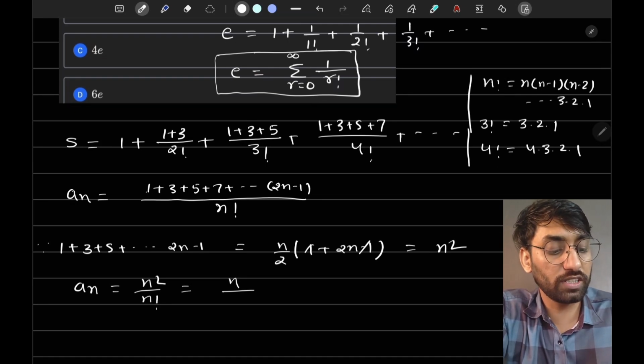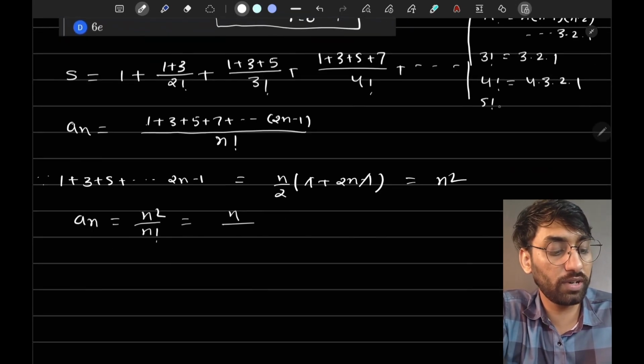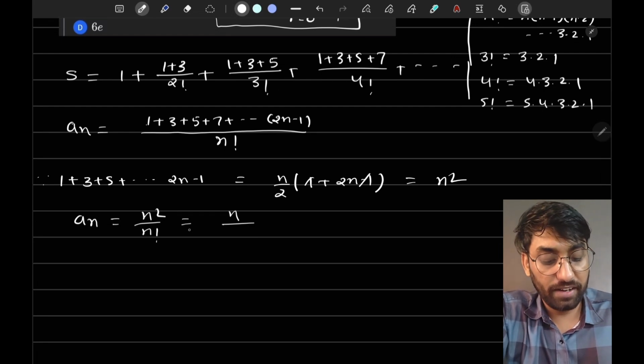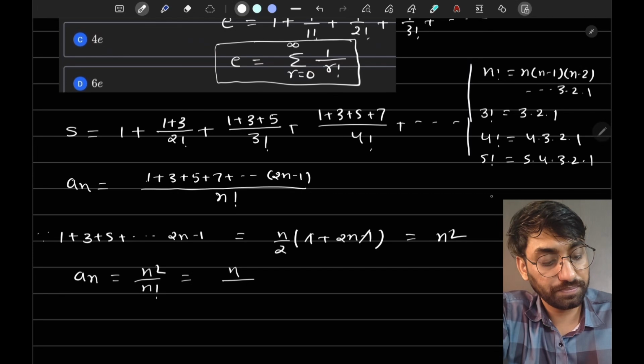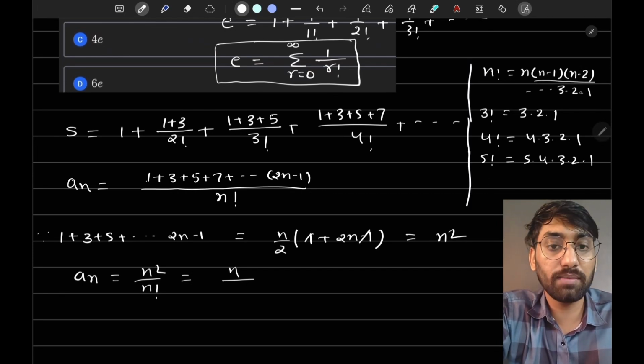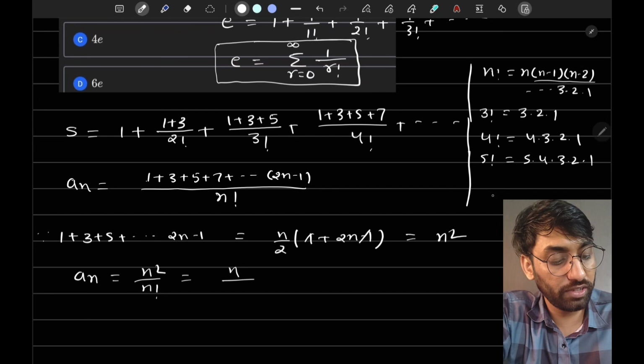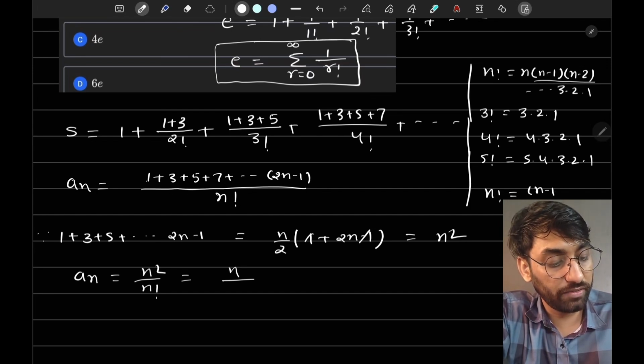What is 5 factorial? 5, 4, 3, 2, 1. Similarly, n factorial is n, n minus 1, n minus 2 till 3, 2, 1. Now from n minus 1 onward, that is nothing but n minus 1 factorial. So n factorial can be written as n into n minus 1 factorial.